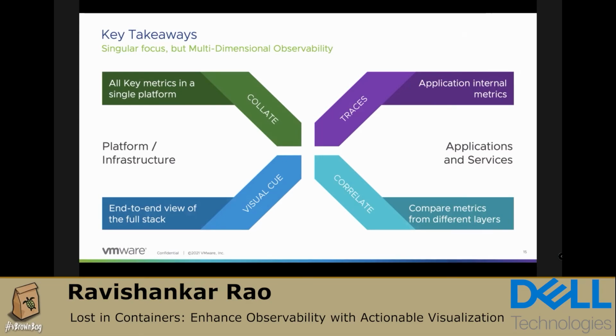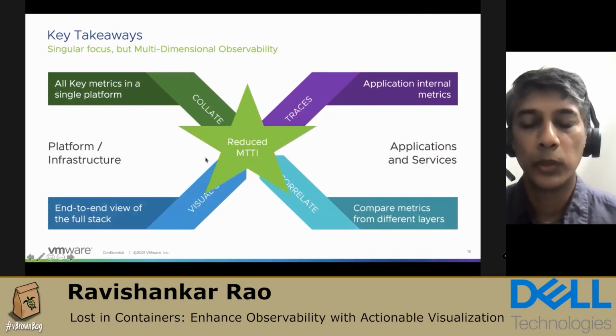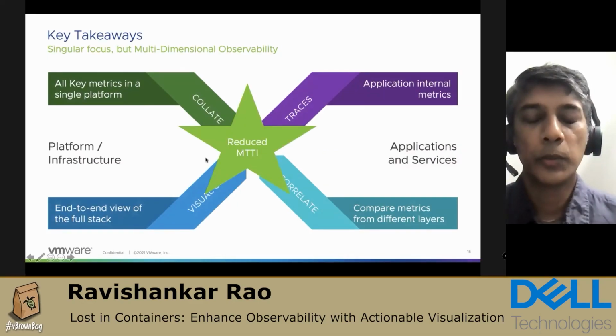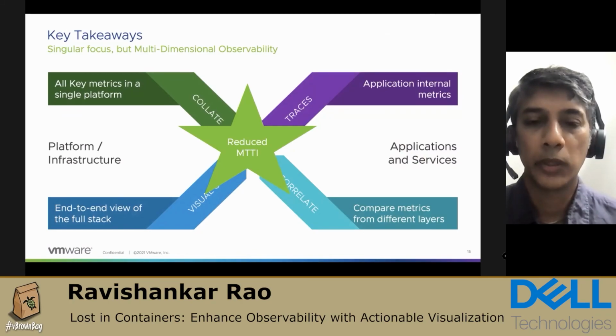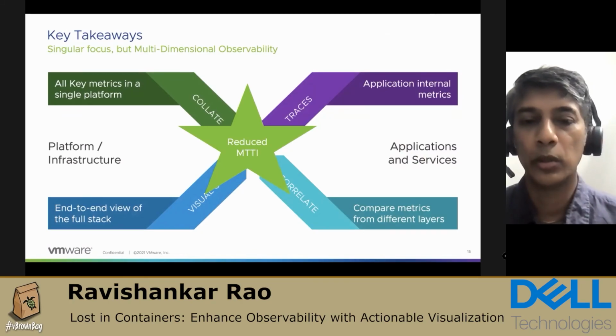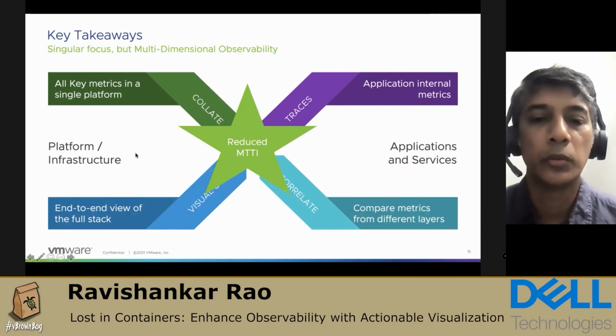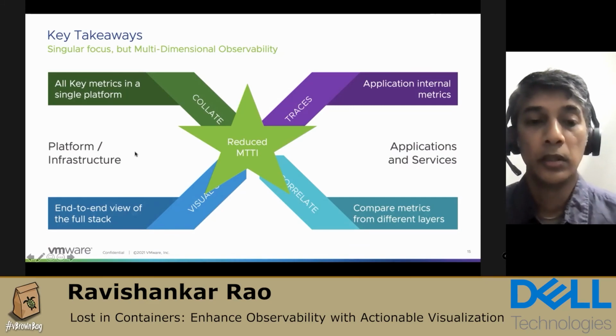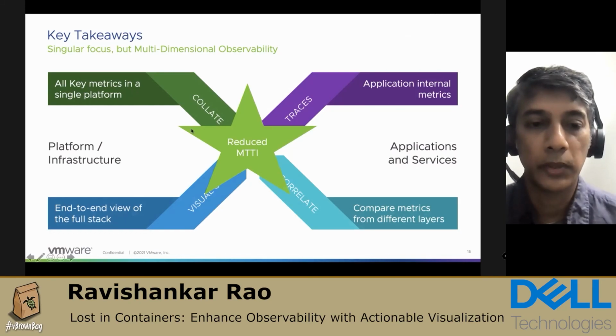The other aspect that we've covered in another topic is traces, where application instrumentation, basically application vitals or application metrics, can be pushed into Tanzu Observability. All these boil down to one thing. It is so much easier and so much quicker that you can not just identify, but also isolate an issue before it turns into an incident. And all this helps you overall to reduce the MTTI. In some cases, we were able to reduce it by almost 40%.